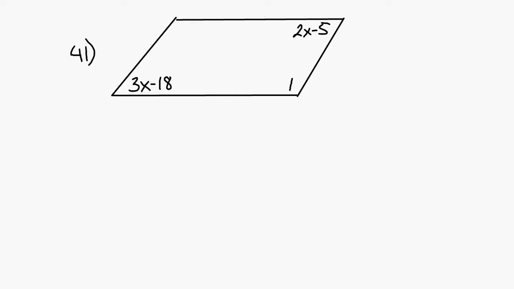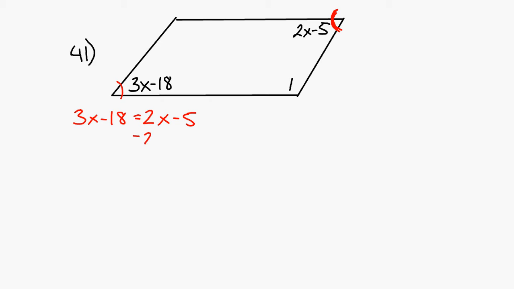Again, in parallelograms, opposite angles are congruent. So these two angles are congruent. What you have to do in this problem is solve for x first, because both of these given angles are supplementary with angle 1, and angle 1 is what you need to find. So you have to solve for x first, substitute it, and then subtract that from 180 to get angle 1.